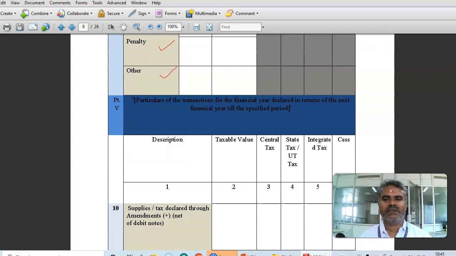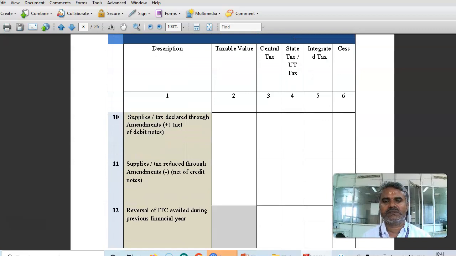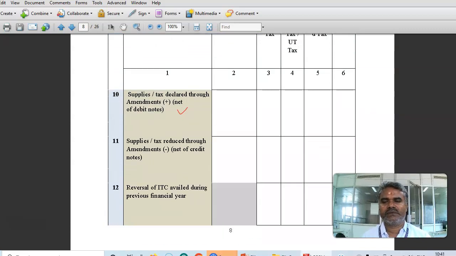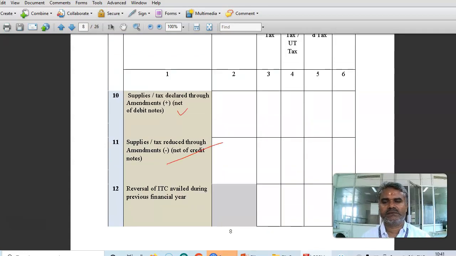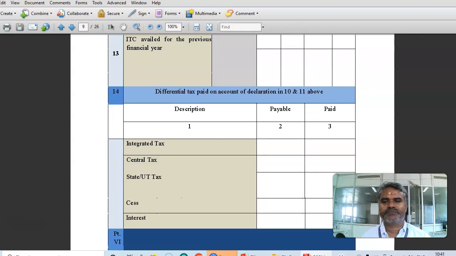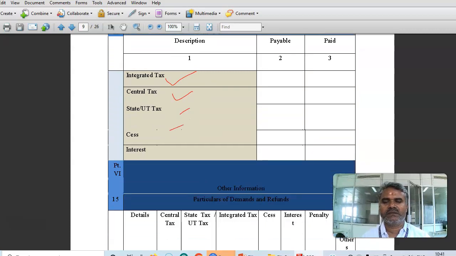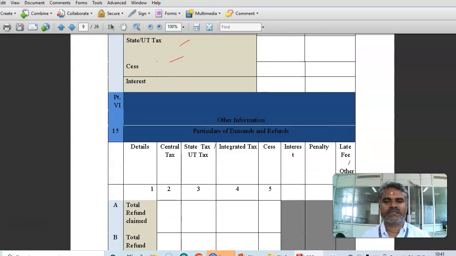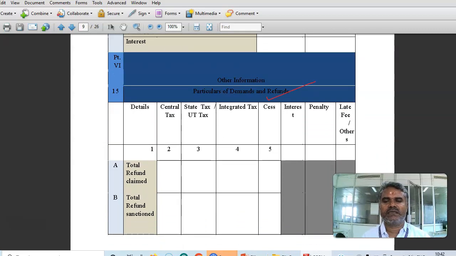Then Part 5, particulars of the transactions for the financial year declared in the return of the next financial year. Supplies tax declared. Then supplies tax deducted through amendment, reversal of ITC. Then differential tax paid on account of declaration, integrated GST and all. And other information, particulars, demand, refund.